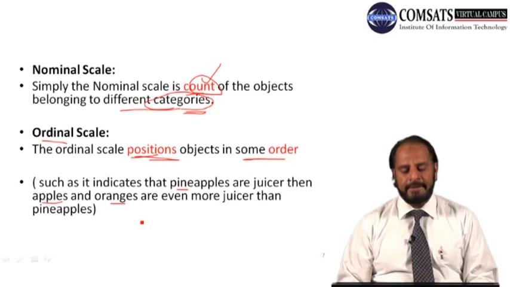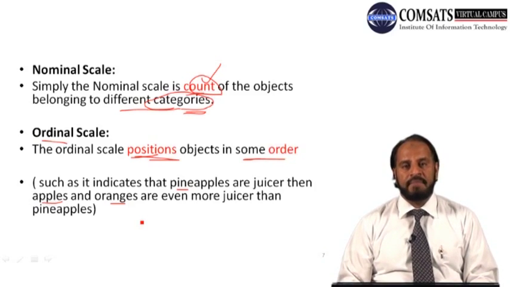We might say that pineapples are juicier than the apples, but oranges are juicier than the pineapples. So we're trying to rank, or give an order as to which of these three is the most juicy, less juicy, and then the least juicy of the three different fruits.